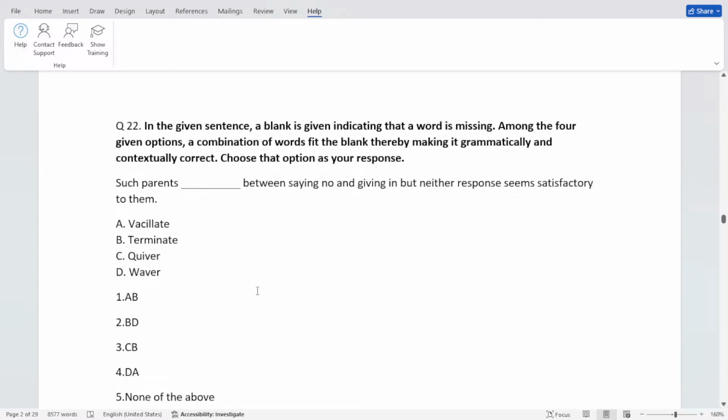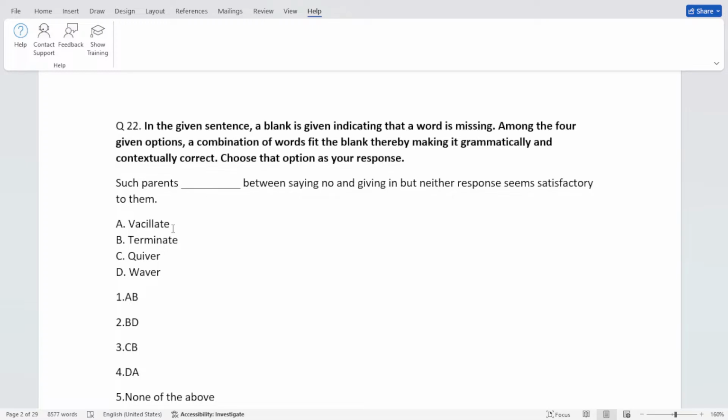Such parents dash between saying no and giving in, but neither response seems satisfactory to them. So accordingly, what will be the correct answer? We have to see. Here, waves means undecided, and facilitate is nothing but different options were there that we can pick. Between no and giving in, positive and negative will be there.